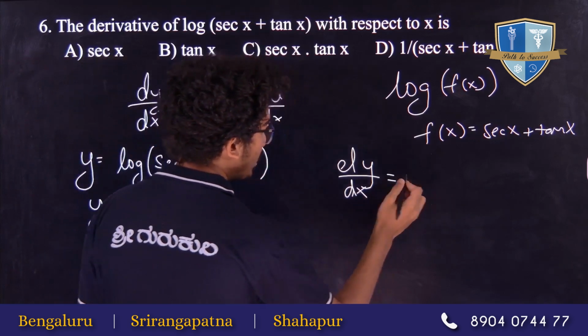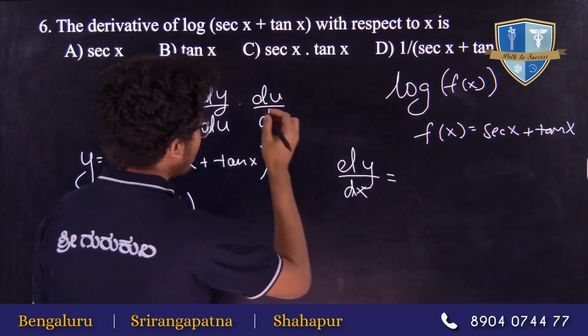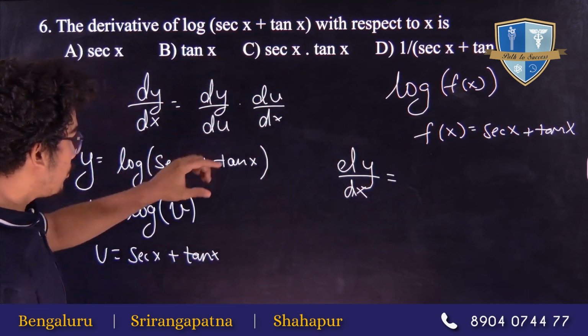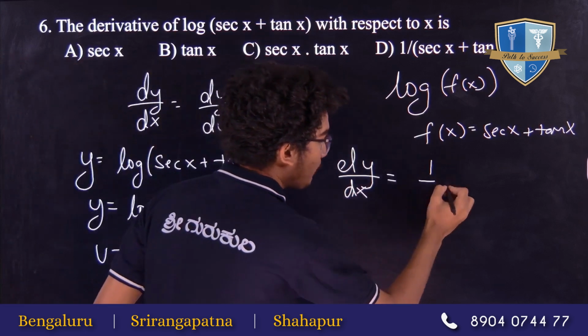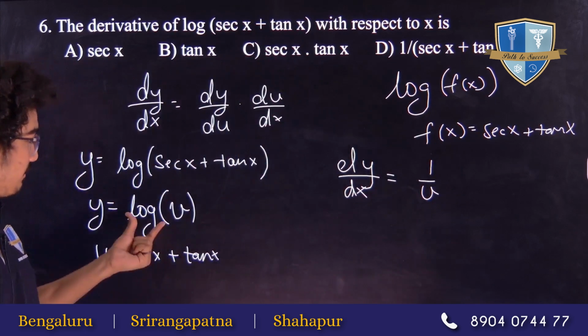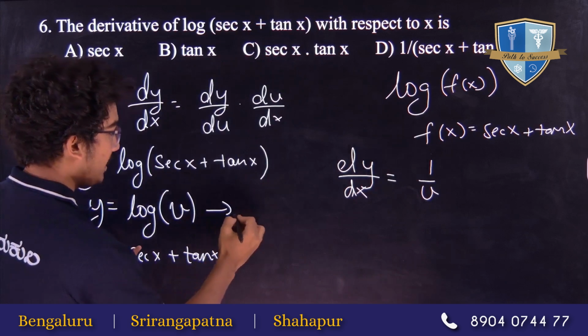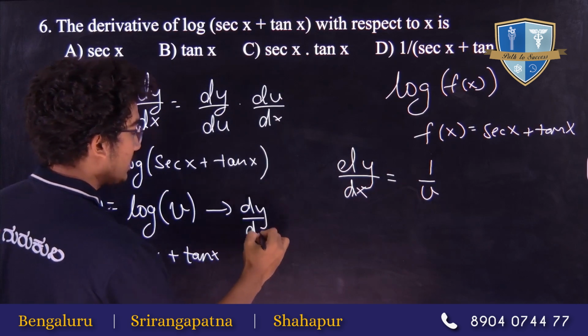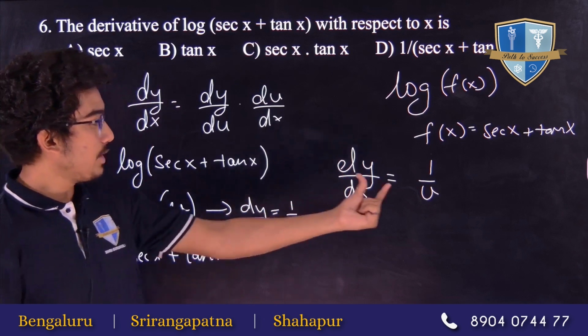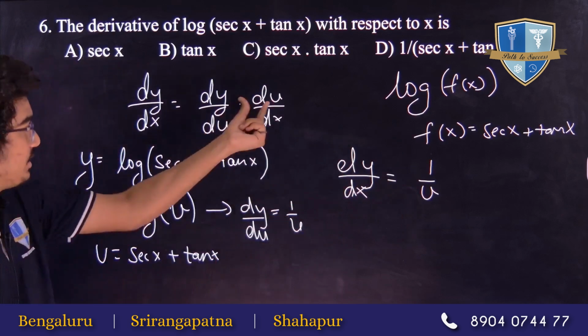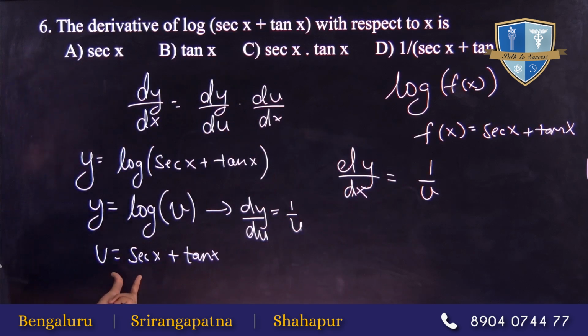So dy by du will be 1 upon u, correct? After differentiating this equation, you will find this is 1 upon u. This dy by du I am putting there directly. Now I need du by dx. From this I can find du by dx.